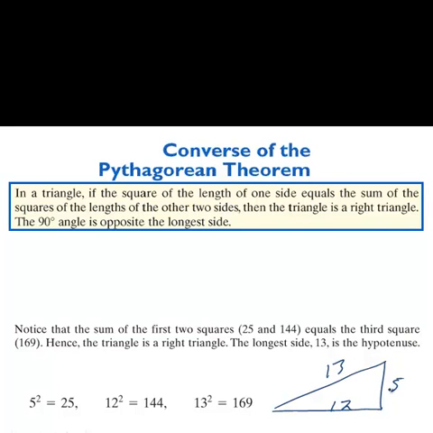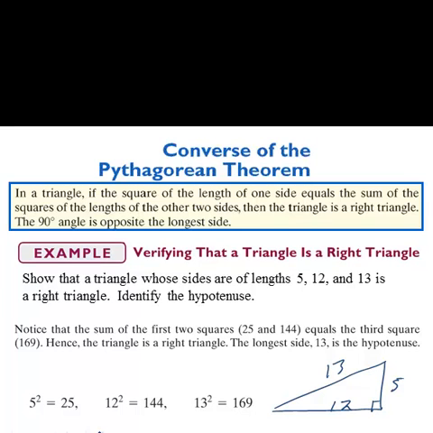And then notice that 5 squared plus 12 squared is equal to 13 squared. Well, because that Pythagorean relationship exists, that must mean that the triangle really is a right triangle. Okay? And the hypotenuse, of course, is the longest of the three sides, opposite the right angle.